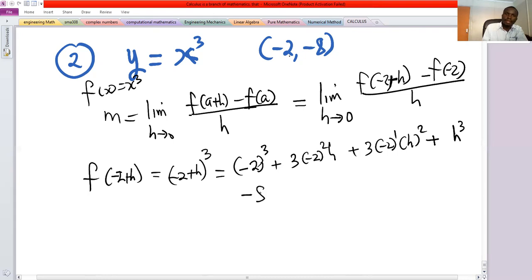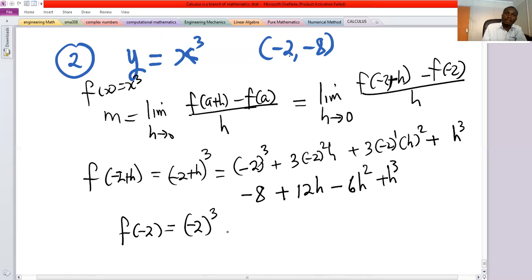So which is -8 plus 4 times 3 is 12h. And this minus 3 times 2 is 6h squared. And then plus h cubed. So f of -2 is (-2) cubed, which is -8.